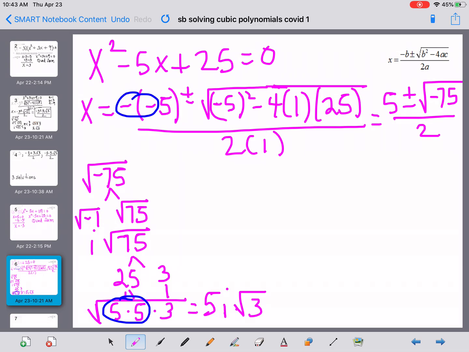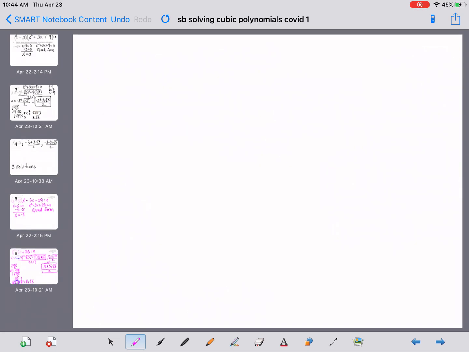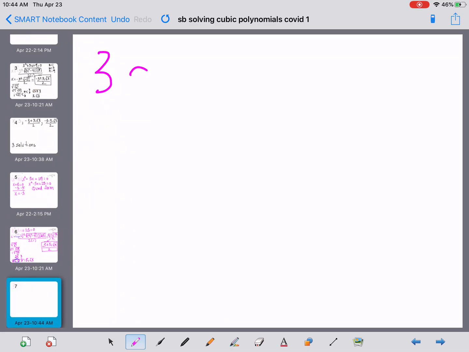So when we put this back into the problem, we end up with 5 plus or minus 5i radical 3, all divided by 2. But again, a reminder, we Algebra 2 teachers are perfectly fine with you writing those two answers like that. As I add a page in, I just want to write down the fact that we're looking for 3 solutions.